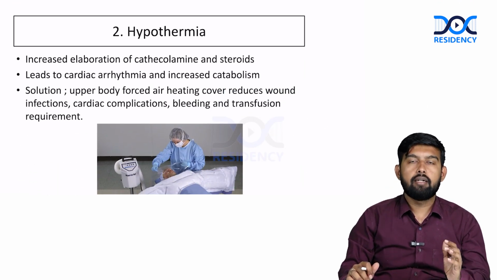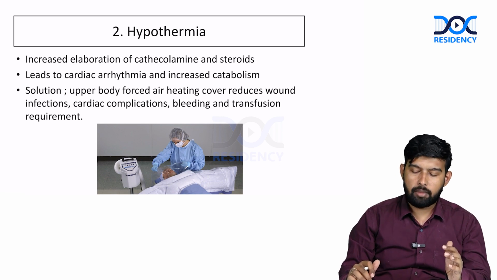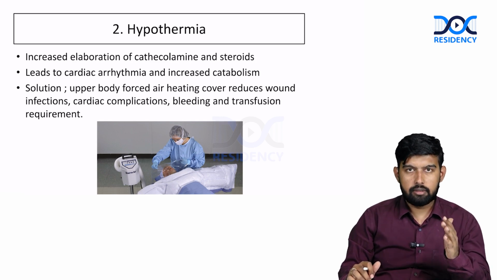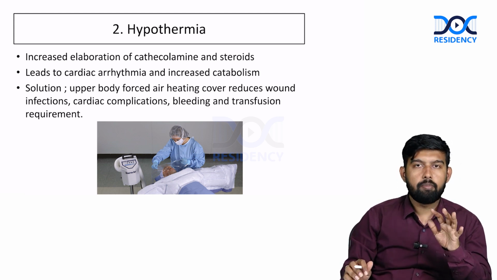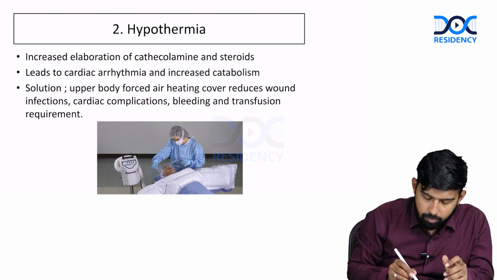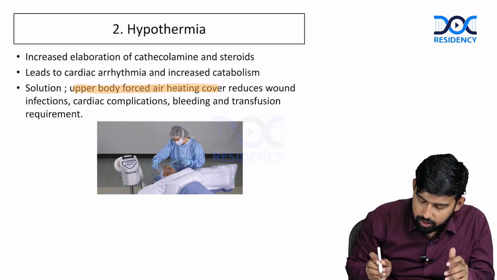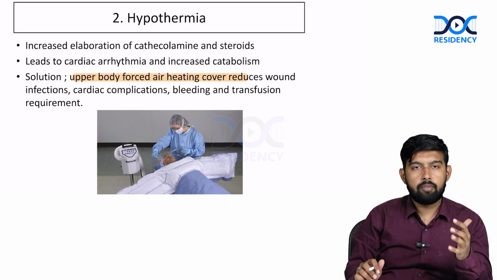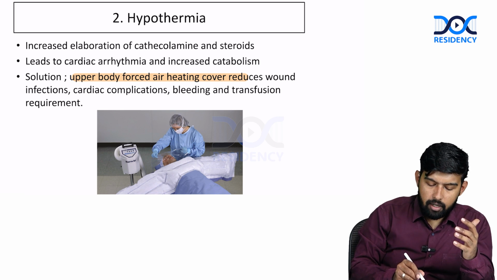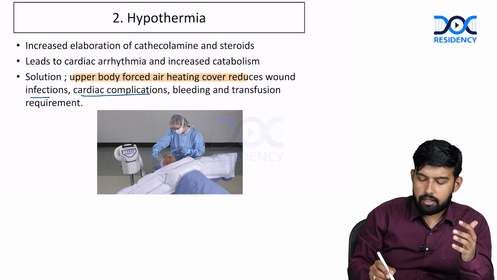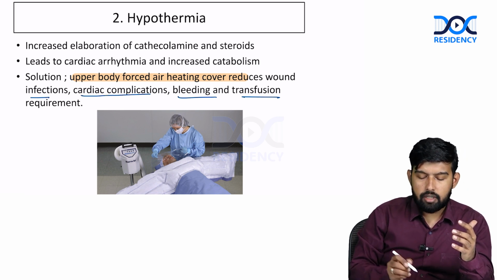Another avoidable factor is hypothermia. This can be avoided during the preoperative, intraoperative, or postoperative period by providing proper garments like upper body forced air heating covers, which inhibit hypothermia and reduce complications related to wound infection, cardiac complications, bleeding, and transfusion requirement.